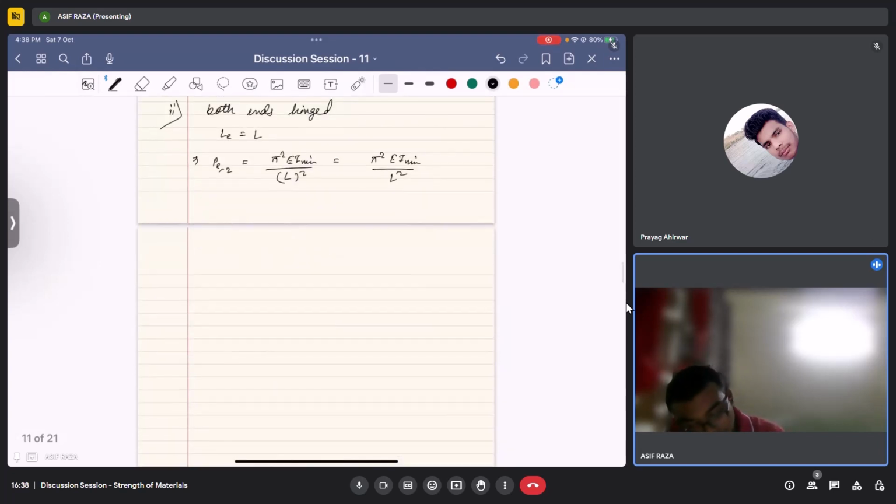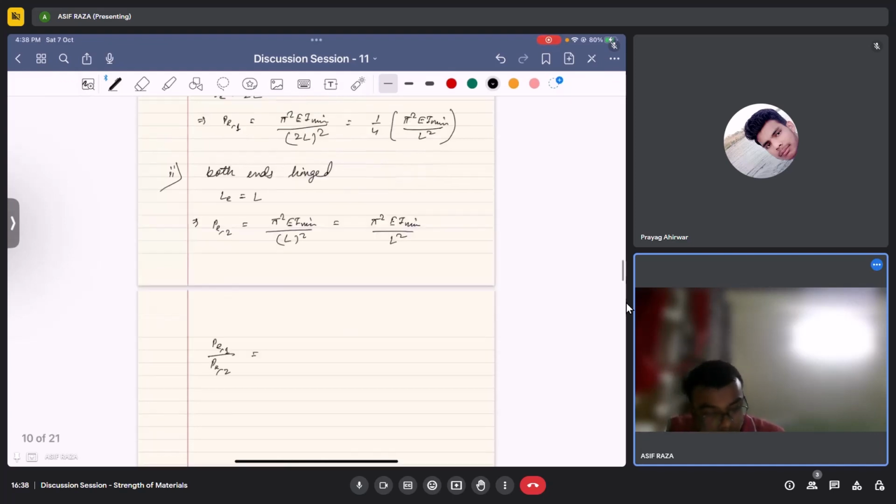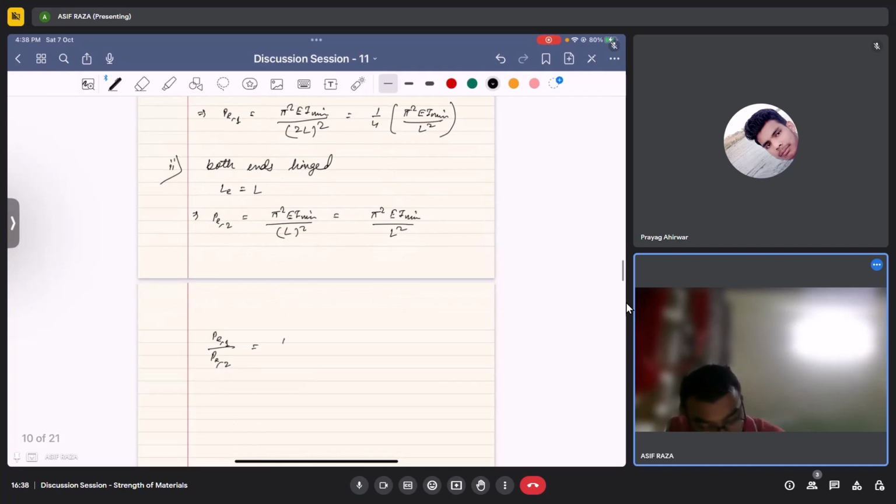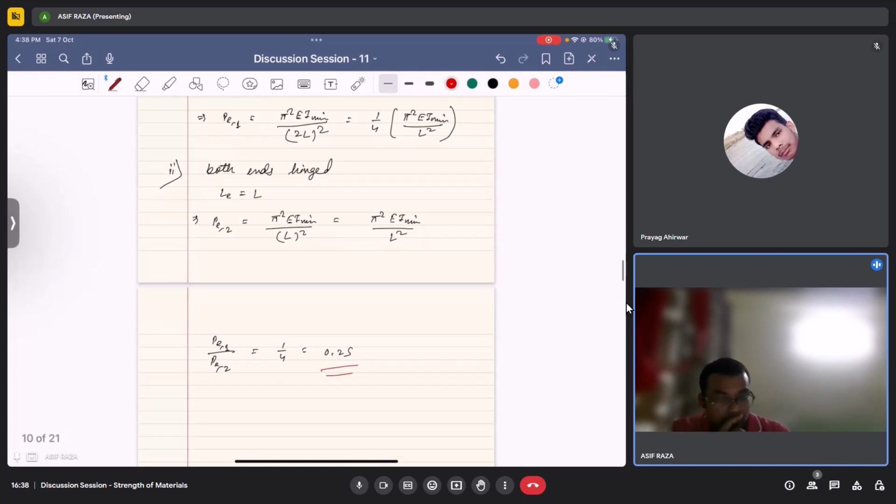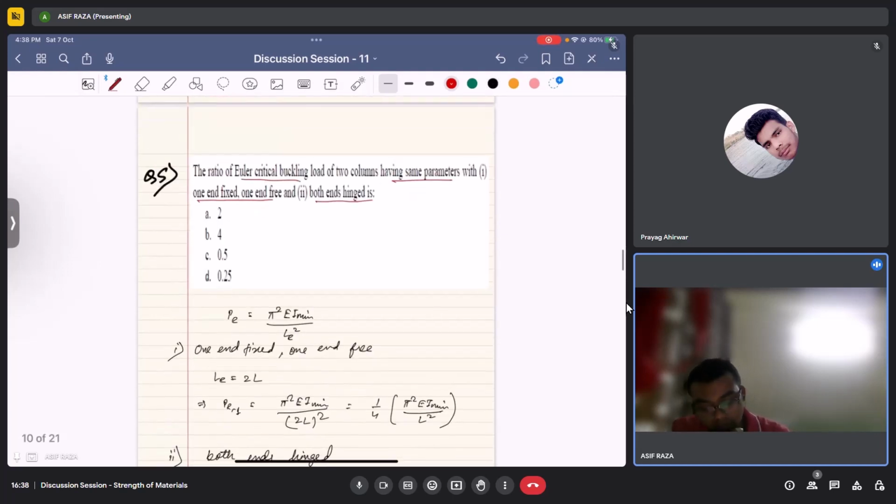The question is asking what would be PE1 upon PE2, and if you see it comes around 1 by 4, that is 0.25. Thus my correct answer would be option D, 0.25.